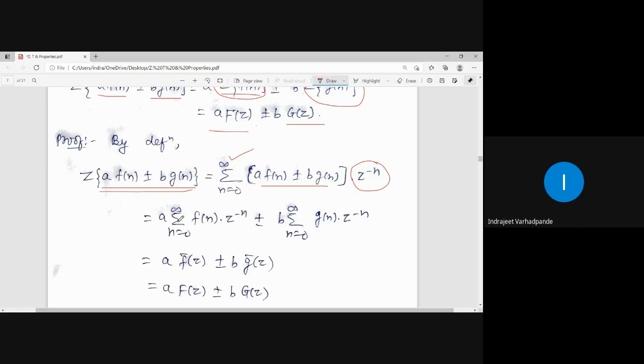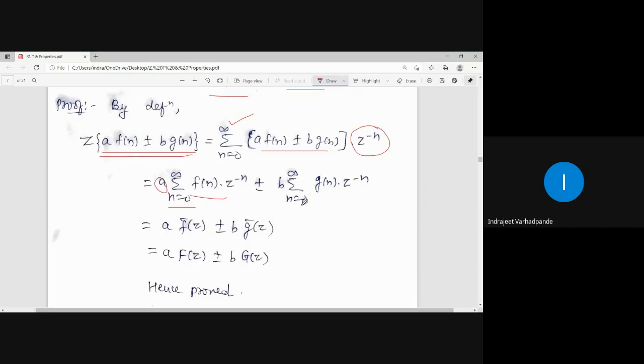So a has nothing to do with the summation. I take a outside: summation over n equal to 0 to infinity f of n into z to the power minus n, right? So f of n into z to the power minus n summed is nothing but F bar of z.